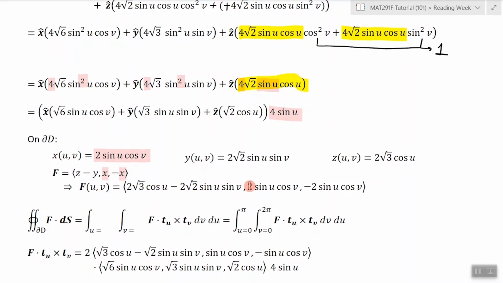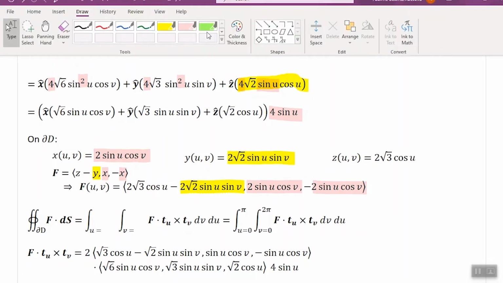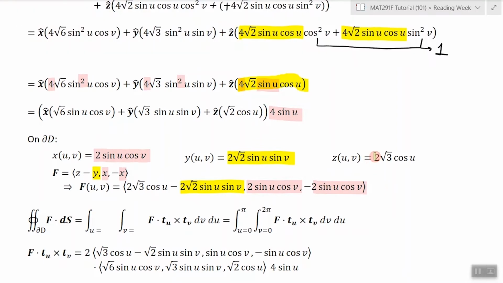This is what I get over here and over here. Then I plug in y here. So this is what I get here. Then for z, I plug it in here. And this is the expression for F.